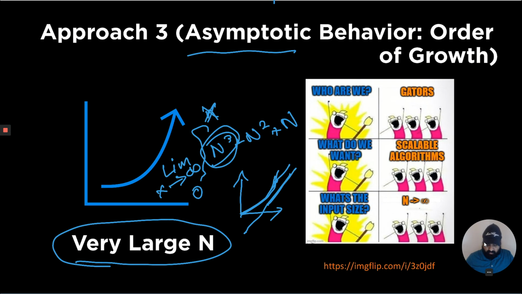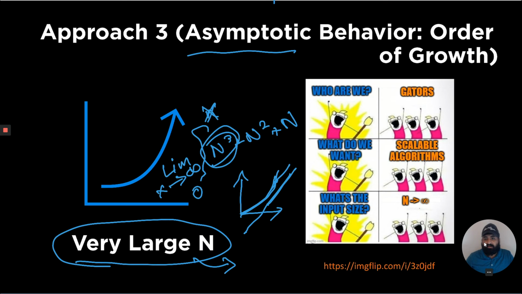And why we care about large inputs is because we are all computer scientists, so we care about large data sets. Let's say you are making a social network. Nobody cares if a social network has 100 users. If there are 100 users, you can use any data structure or algorithm, and it should work fine. But it is truly the difference that matters when the input is really large.